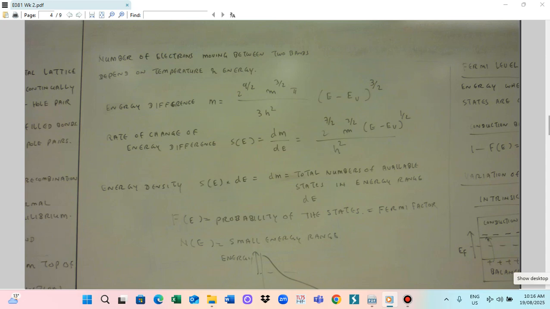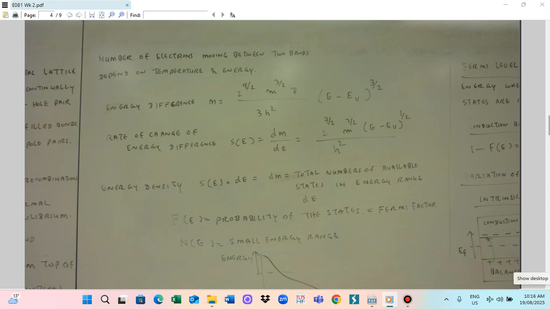DE. This means that when you change the energy, how many available states? Available states means that some electrons will be in the free state, some electrons will be in the captured state. So how many available states can be calculated by the energy density equation. So SE multiplied by DE equals the total number of available states in the energy range. So here will be the probability FE.